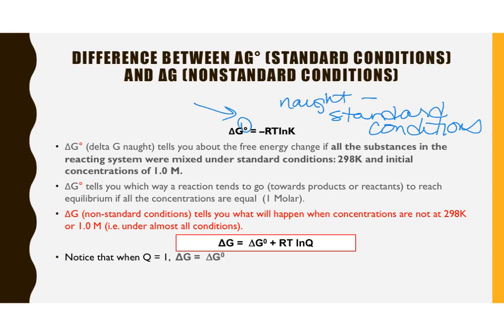And that's so that you can compare one reaction to another reaction under the same set of conditions and see how the values change. However, in real life, standard conditions aren't often used. Standard conditions would be room temperature, which is around 25 degrees Celsius or 298 K, and initial concentrations of reactants of 1 molar.